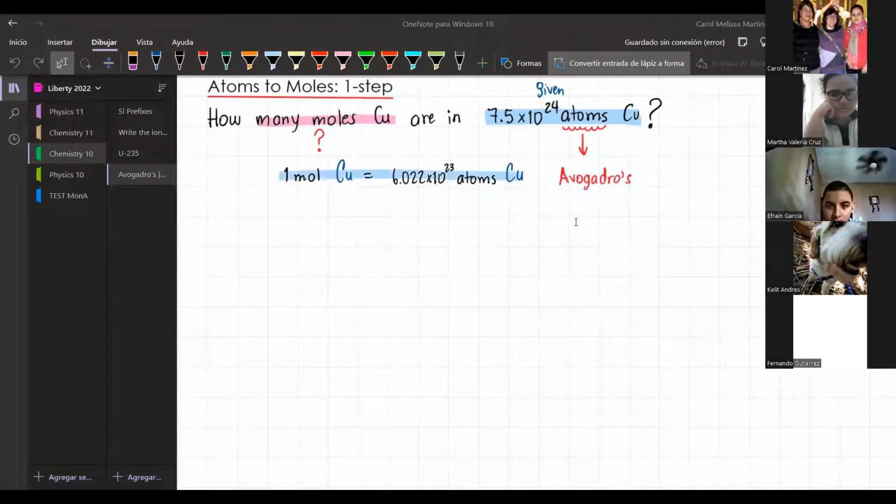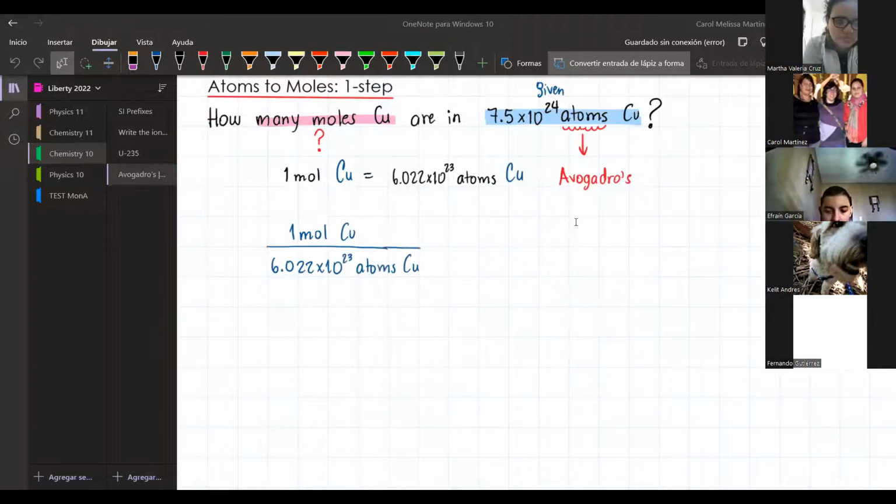And remember, what do we do with the conversion factors? We write them as fractions. So we say that in 1 mole of copper, you have 6.022 times 10 to the 23rd power atoms of copper.